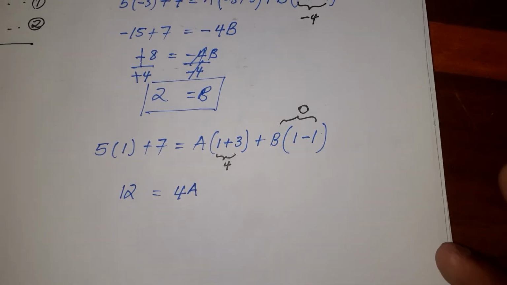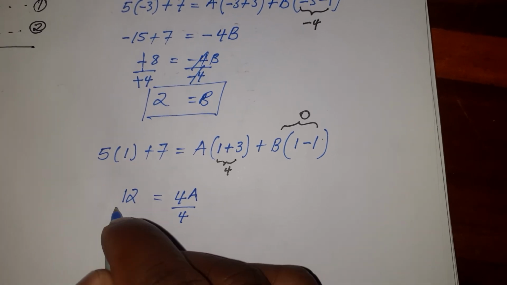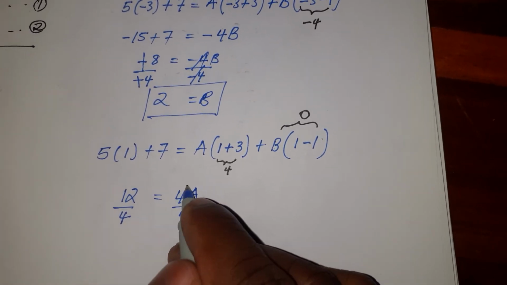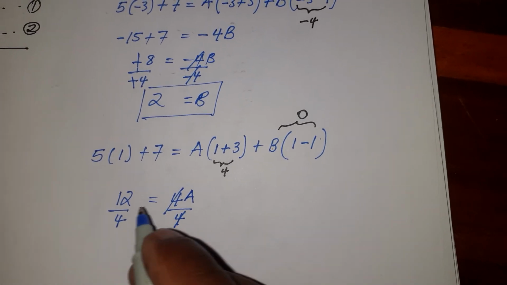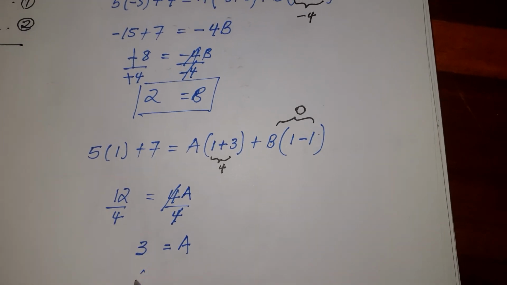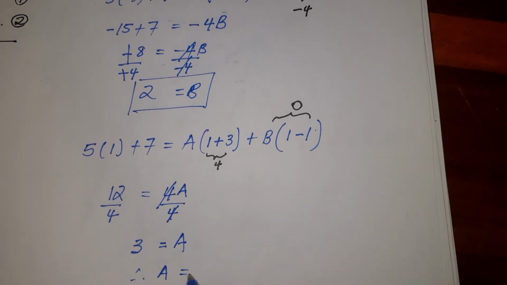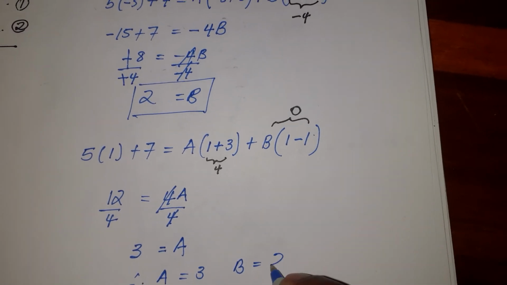The other side, you don't need to write the 0. Then to get our a, we divide both sides by 4, so that this 4 and that 4 can cancel, and then we have a equal to 12 divided by 4, which is equal to 3. It means our a is equal to 3 and our b is equal to 2.